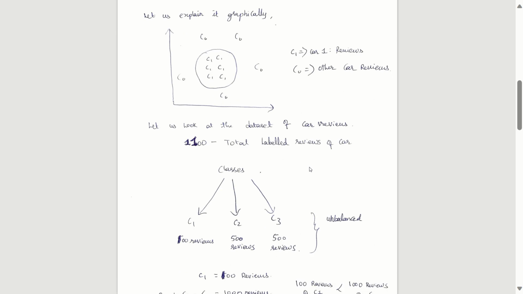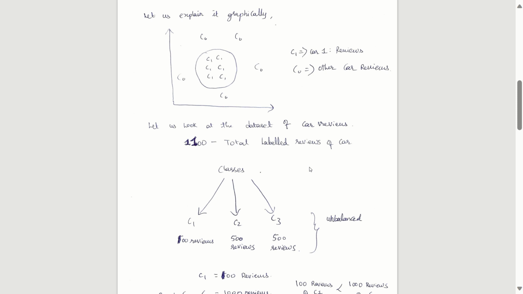So now we have seen one class classification and how these data sets are used. We have, for example, a total of 1,100 labeled reviews. Labeled reviews means that review 1, for example, is of car 1, C1, and review 2 is of other car reviews.